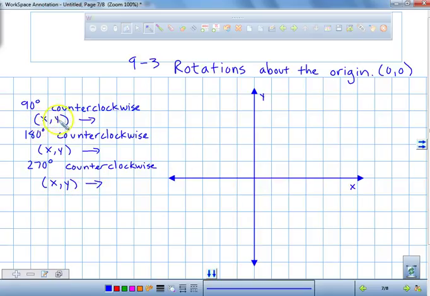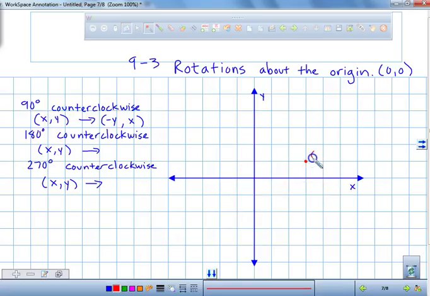If you have an x and a y coordinate, and you wanted to make a 90-degree counterclockwise turn about the origin, you would simply switch and make it a negative y, comma, x. All right? So what in the world does that mean? We're going to do an example. I'm going to do a point right here.